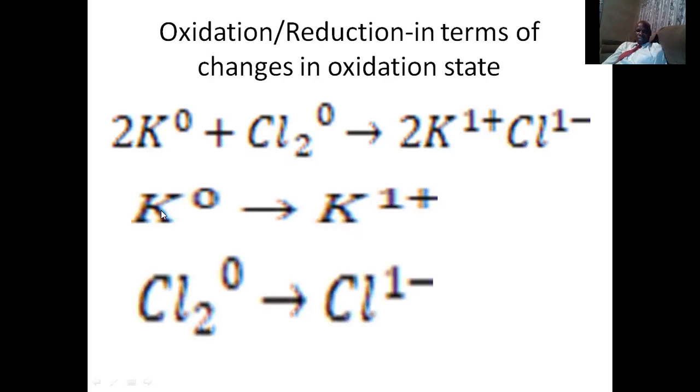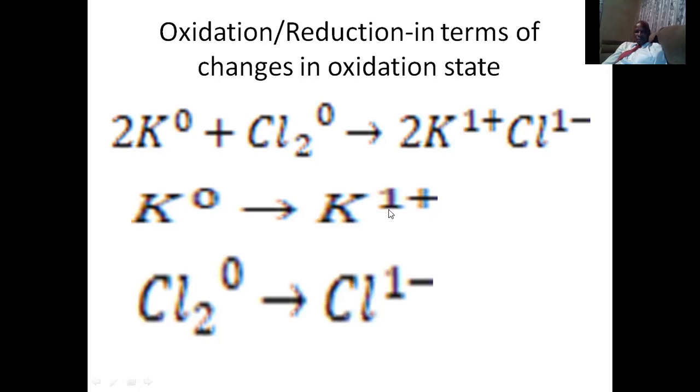In our case here, potassium, on the reactant side, has not lost any electron, and therefore its oxidation state is 0. While when it reacts with chlorine and it loses one electron, its oxidation state is +1. And we notice that the oxidation state has increased from 0 to +1.